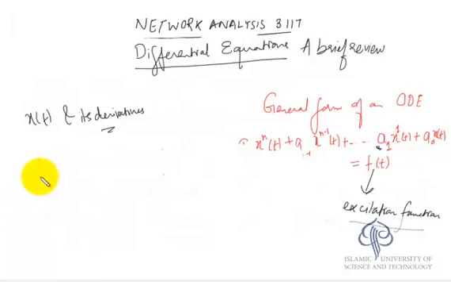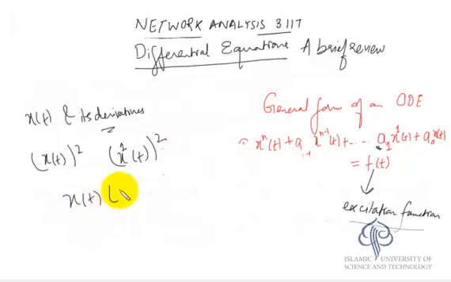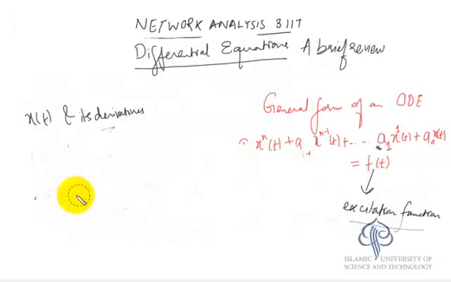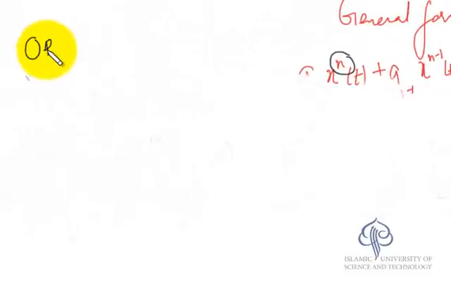Only first degree x(t) and its derivatives will be present. Like for example, you will have nothing like x(t) squared or x(t) the first derivative squared, or even the product of x(t) and the first derivative, for example. These terms will not be there if the differential equation is linear. Then the highest degree derivative within the differential equation, which in this case is n, is called the order of the differential equation.